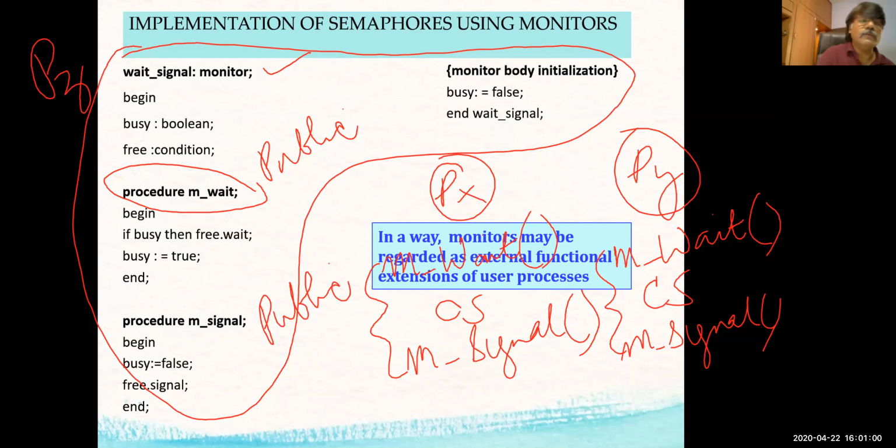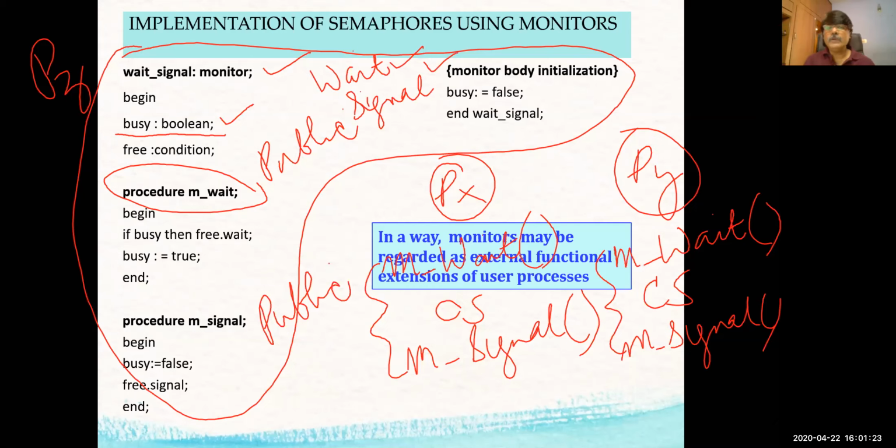Here we are declaring one variable called busy as Boolean. Now please understand one thing. Monitors have borrowed the concept of wait and signal from semaphores.